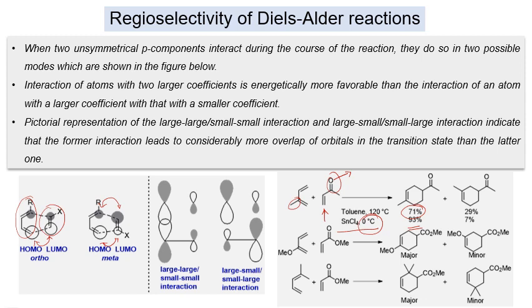Similarly, when you have a methoxy group at this position, again the major product is the para product. On the dienophile possessing two methyl groups, you get the major product as the ortho product and the minor product as the meta product.